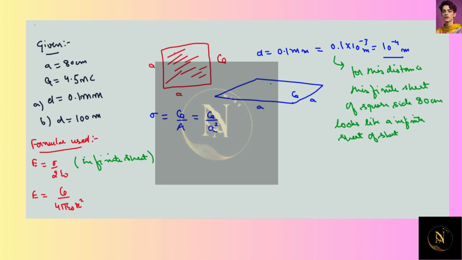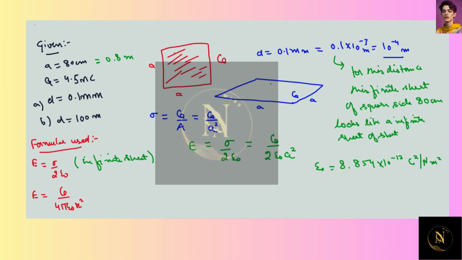So we can find sigma here. My electric field at that point is independent of distance. It is sigma over 2 epsilon naught, and sigma equals Q over a square. So a is 0.8 meter and epsilon naught is 8.854 into 10 to the minus 12 coulomb square per newton meter square.